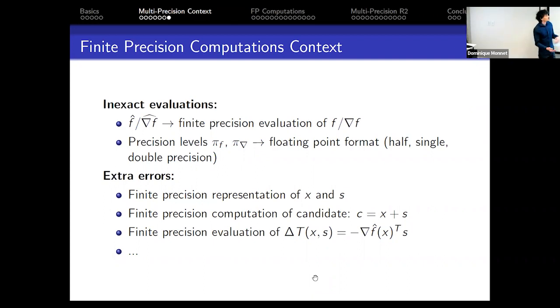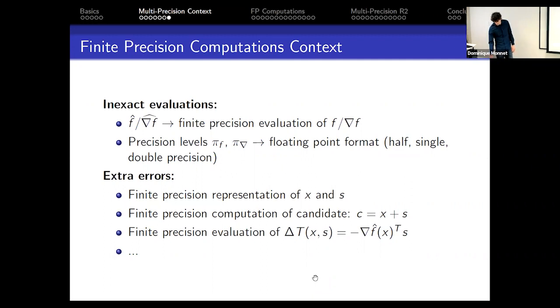But now, if x and s are low precision floating point numbers, that is not true anymore. The candidate I compute is not exactly this, it's something different. Same thing with the model reduction: I can't compute it exactly anymore, I'm going to have errors. And what we're going to try to do is to take these errors into account in our gradient descent algorithms.